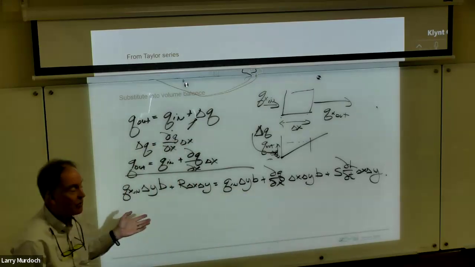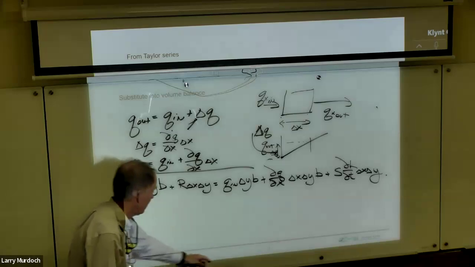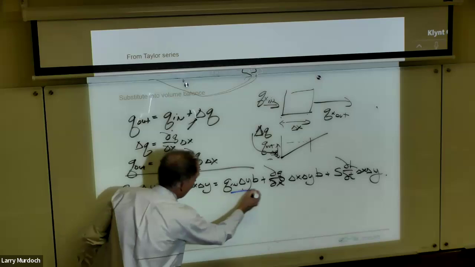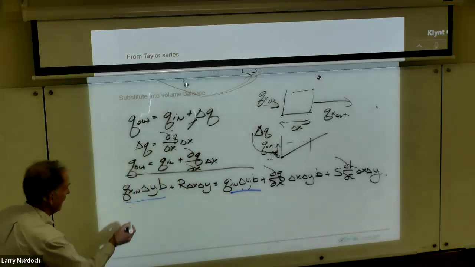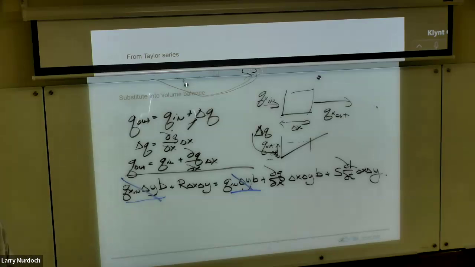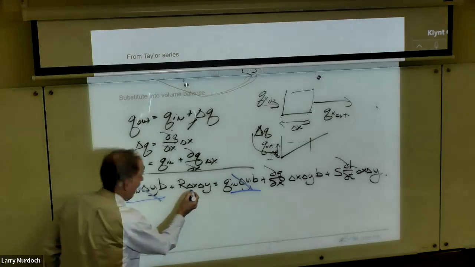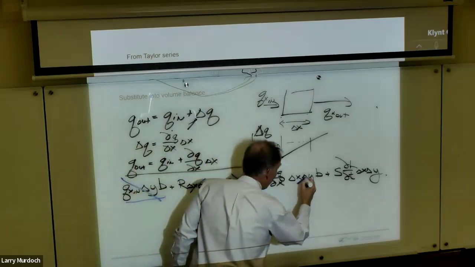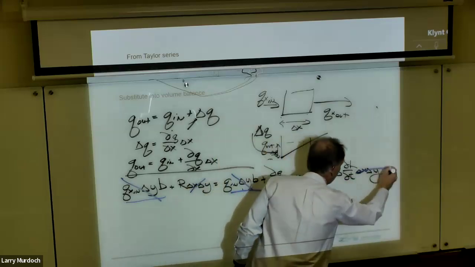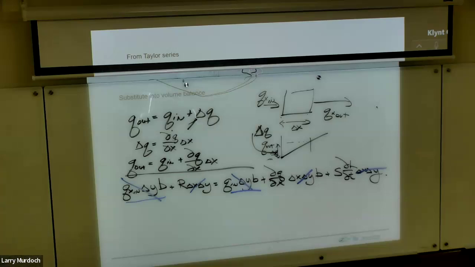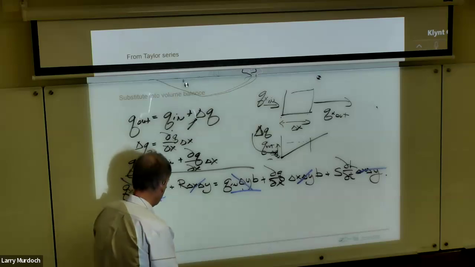The reason we do that is because we want to start simplifying. This and this are now the same, they're on opposite sides of the equation, so it goes out. The delta x and the delta y, it's there, it's there, it's there, so that all goes out. That's going to make this thing a lot simpler.